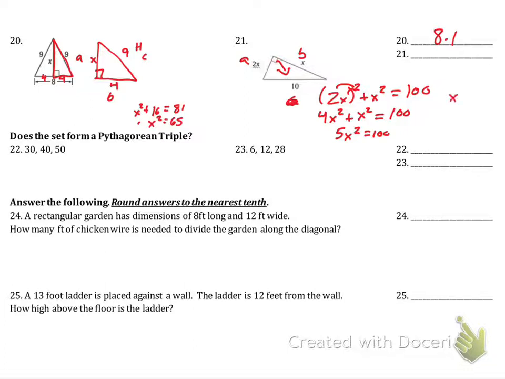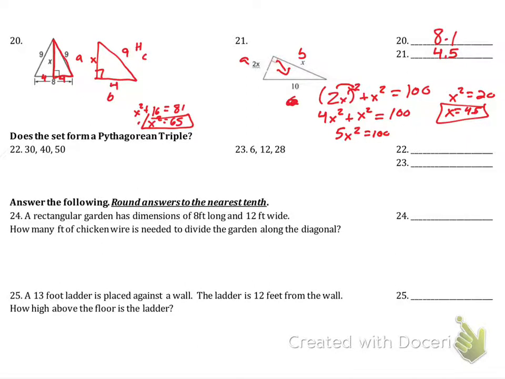So x squared is then going to be equal to 20. And this is number 21. So then I'm going to take the square root of 20, and I get 4.47. So that's going to be 4.5.